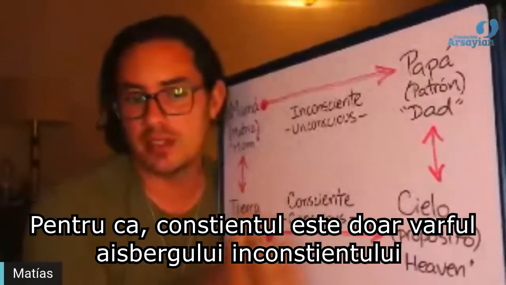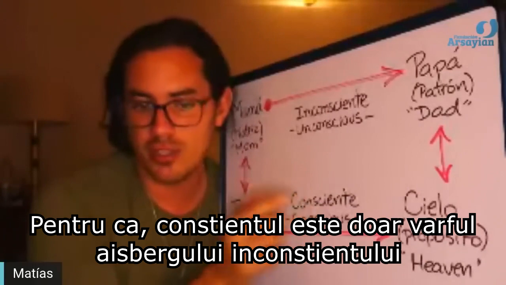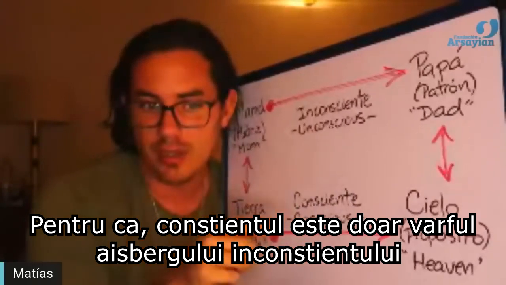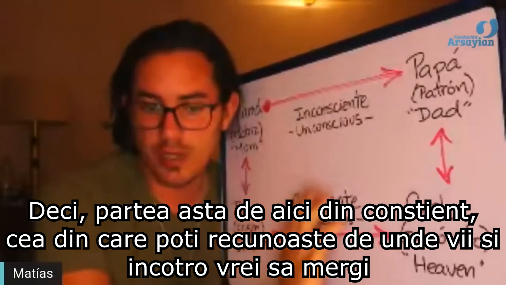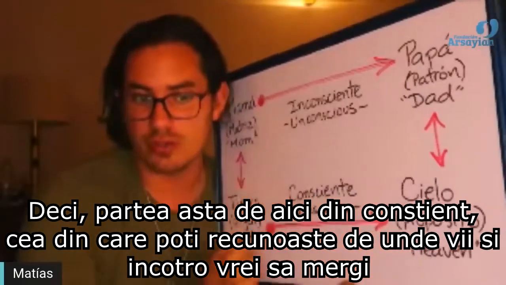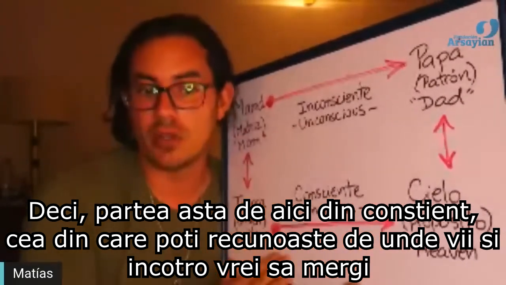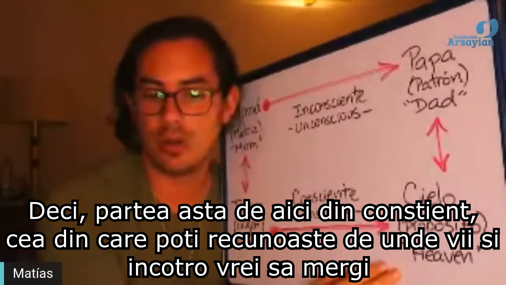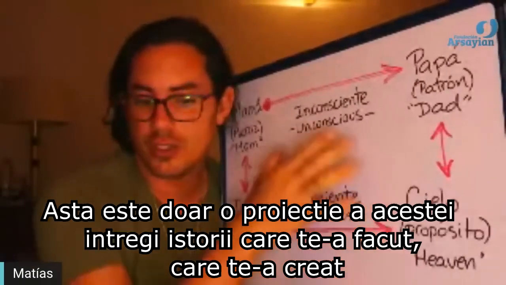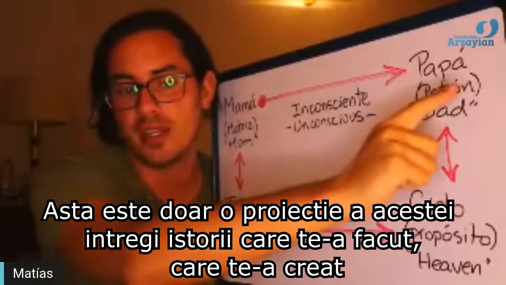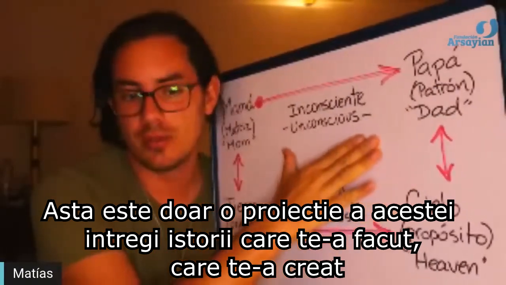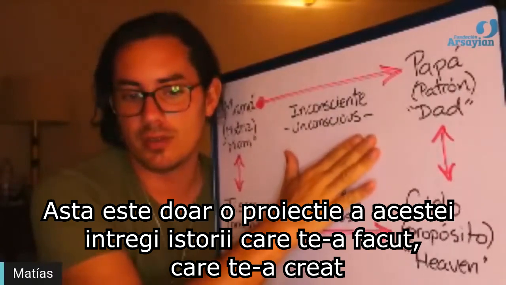Well, basically because the conscious is just the tip of the iceberg of the unconscious. So this part of the conscious, the one that you recognize, from where you come and where you want to go, is just a projection of all this history that has made you, that has created you.